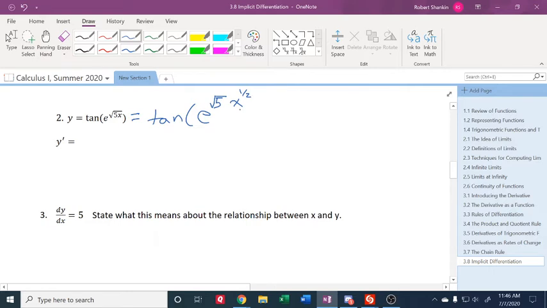A square root symbol is fine around a constant, but around an exponent it's not good for taking its derivative. So I prefer it like that. All right, anybody still need more time on number 2?